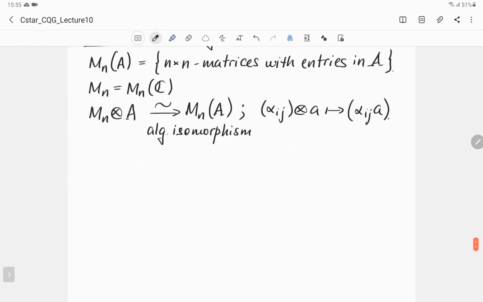Okay, we now have the following result. Proposition. Suppose that A is a C-star algebra.